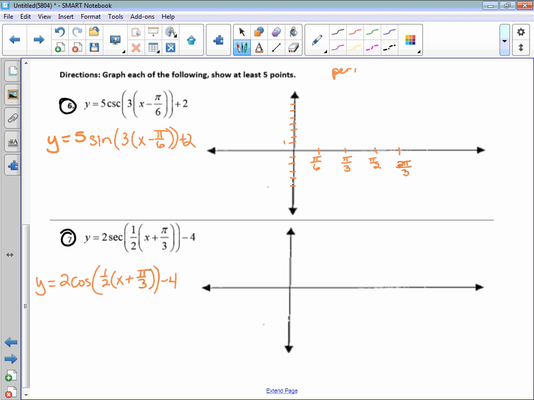Period is going to be 2 pi over 3. Means the fourth tick mark out is the end of your period there. That's 2 pi over 3. Find the others by dividing by 3.